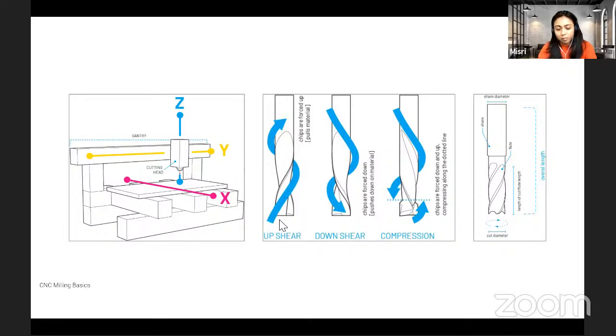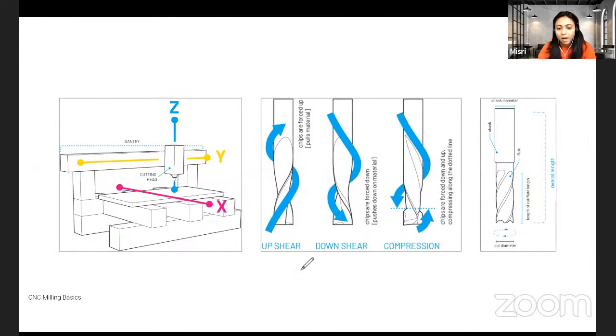There are a bunch of different drill bits, and they correspond to different materials and different tool paths. The upshear is used for softer materials, where as it rotates, it pulls the material up and takes it out, versus the downshear, which you'd use with harder materials like plywood or certain stones, where you want to push the material down when milling.